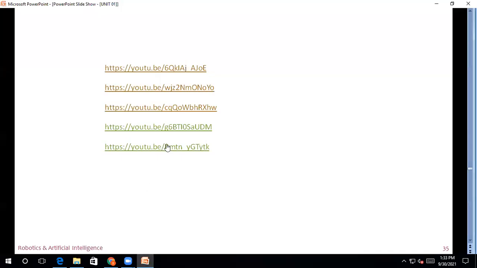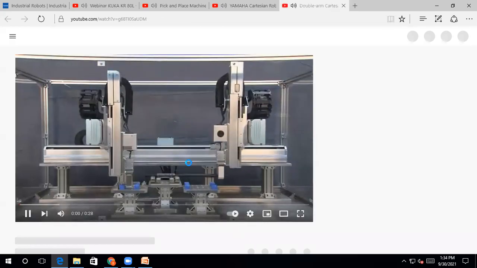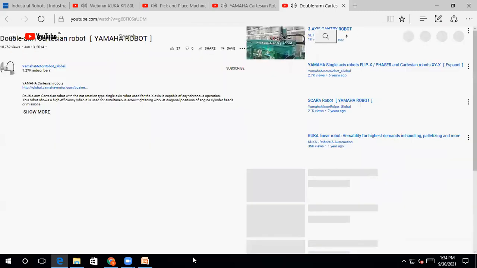Now next link we will see. See that now these two arms are there. X, again it is coming out.